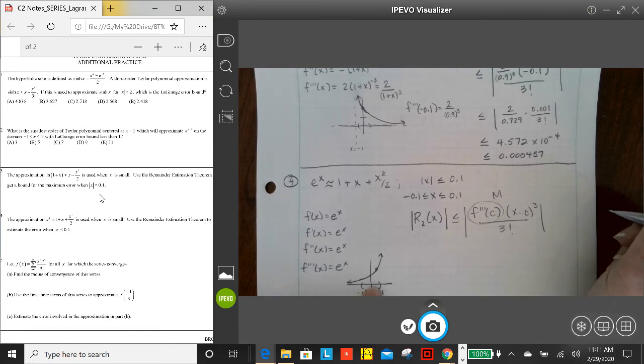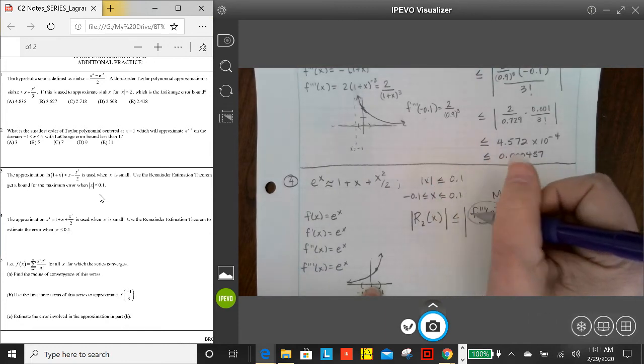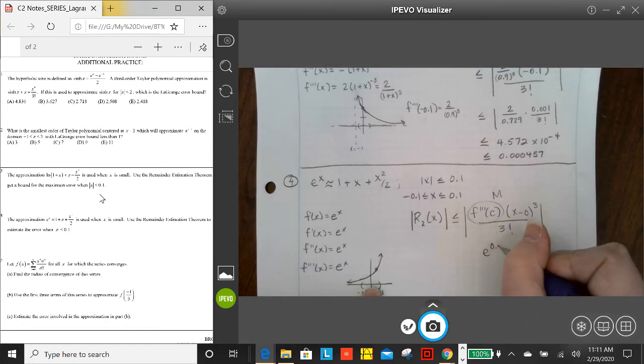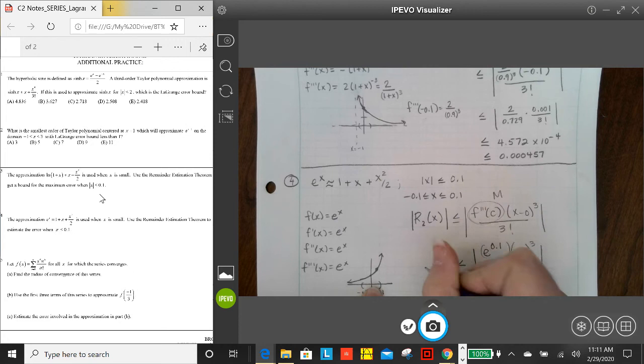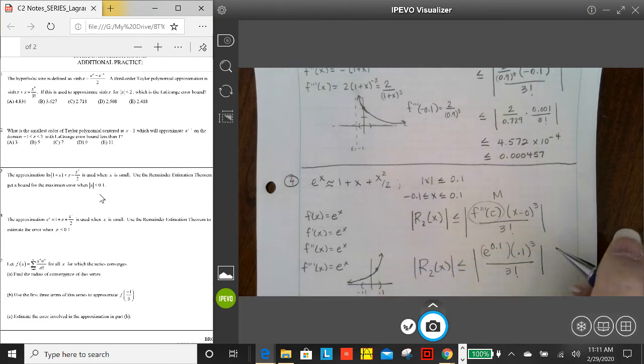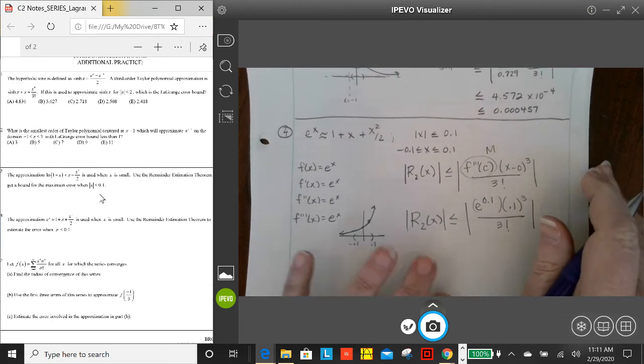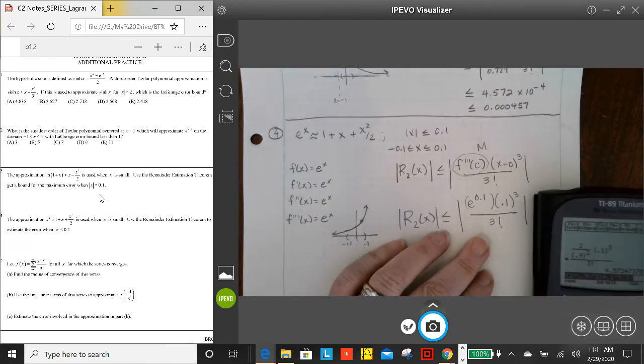Well, we see that the max over the interval from negative 0.1 to 0.1 is going to be e to the 0.1. And then we would say times 0.1 to the third over 3 factorial. And you see, these problems get easier and easier the more that you do, or you don't even have to do that many. All right, so let's put this in the calculator.